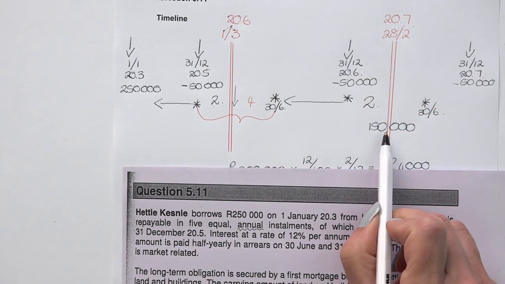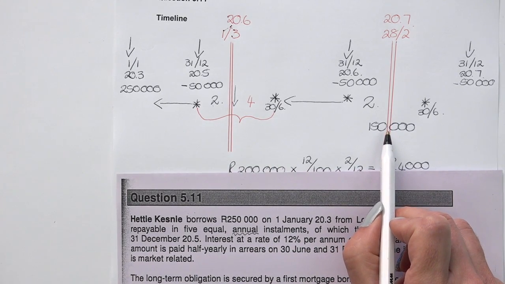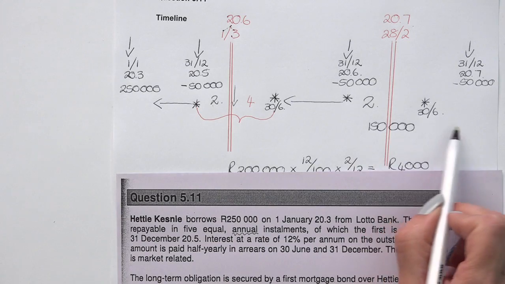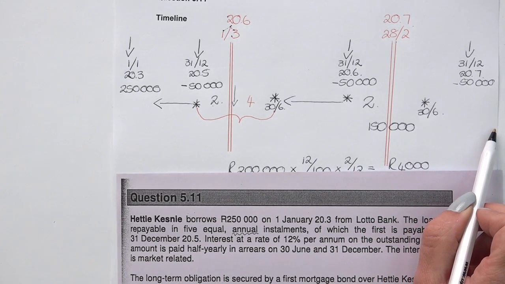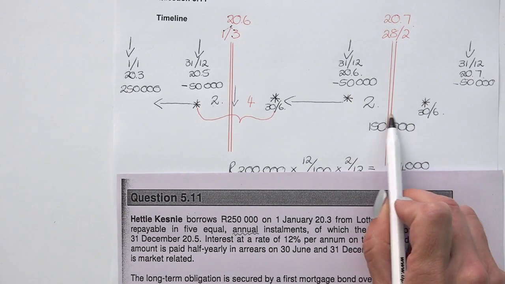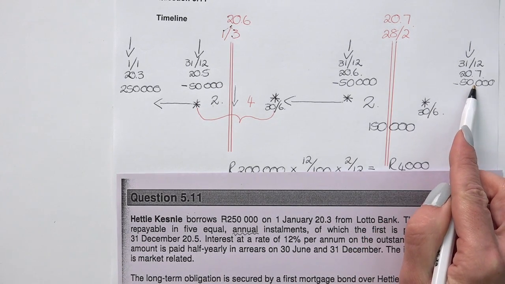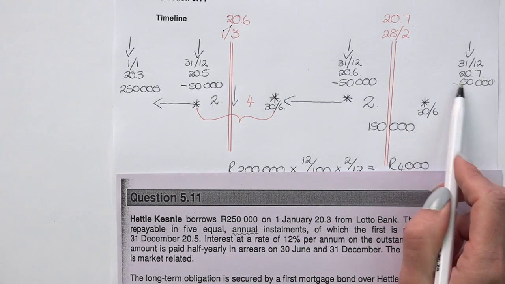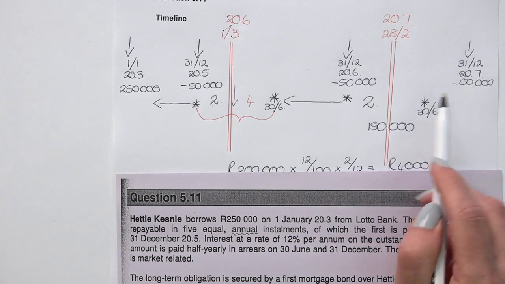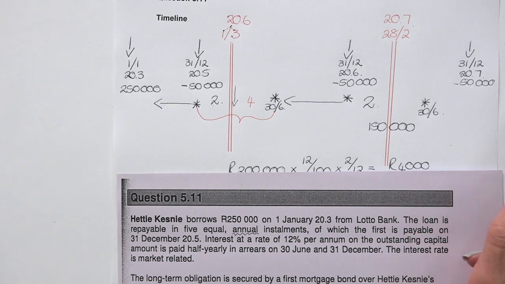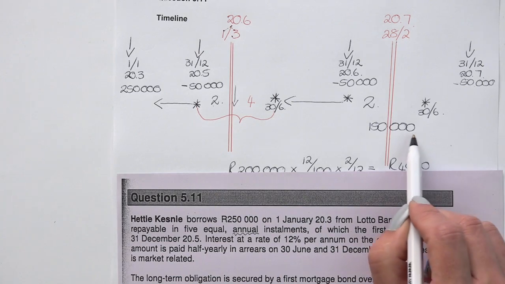If a part of this 150,000 Rand will be settled within the next 12 months, that will be classified as a current liability. So I have to split this outstanding loan into the current liability, which is 50,000. That's why we included this in our timeline, and the non-current part, which will be payable within more than 12 months after the end of the year.